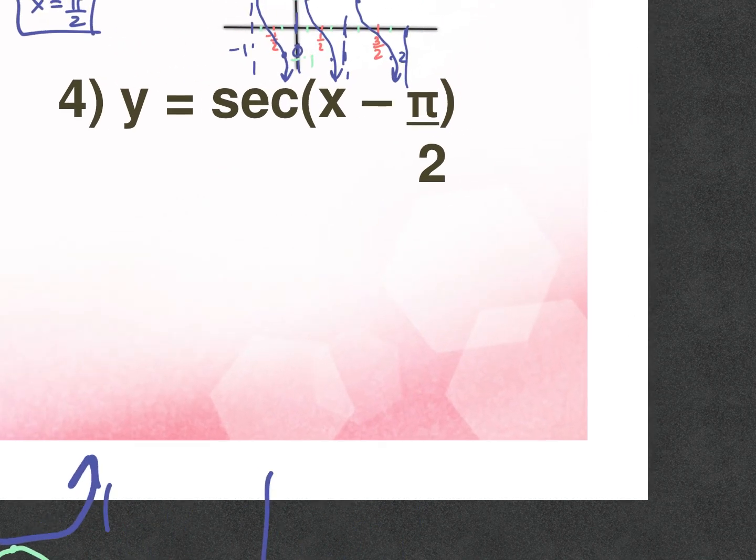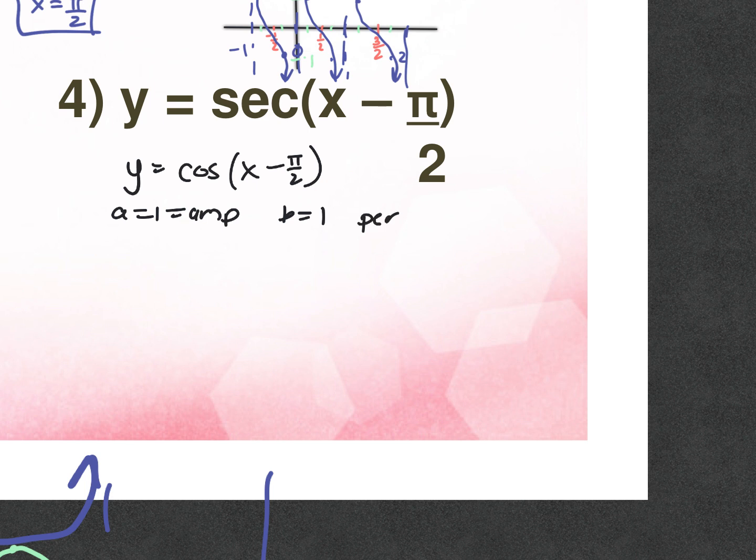And last but not least, the secant. So this would be cosine of x minus pi over 2. The A is 1, which is your amplitude. The B is 1, which means the period is 2 pi. Our key points are 0, pi over 2, pi, 3 pi over 2, and 2 pi.